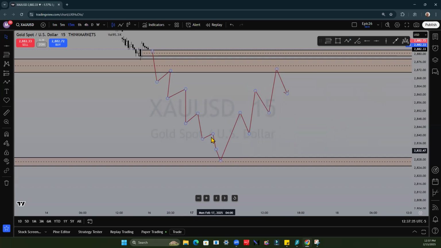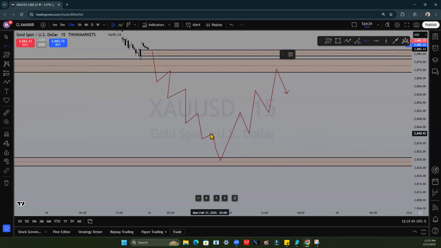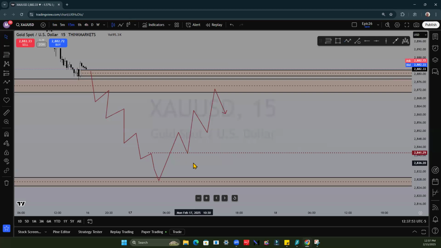Okay, eventually it's going to need to break a high, come back down and fill in another gap because there's going to be a gap between this area here. Bounce off the gap and go higher. That's what you're really looking for. Okay, you don't want it to do this, right?